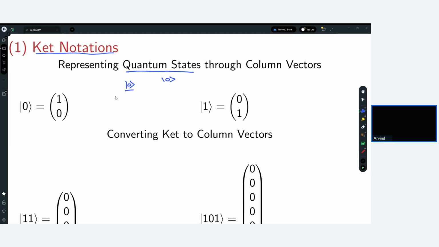In the same way, another quantum state is the quantum bit 1, which is denoted like this, and we will read it as Ket 1 because this is a Ket notation.